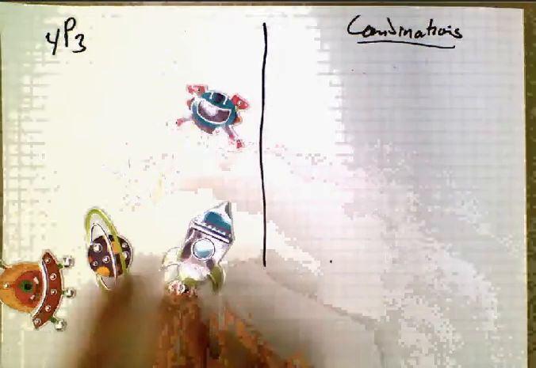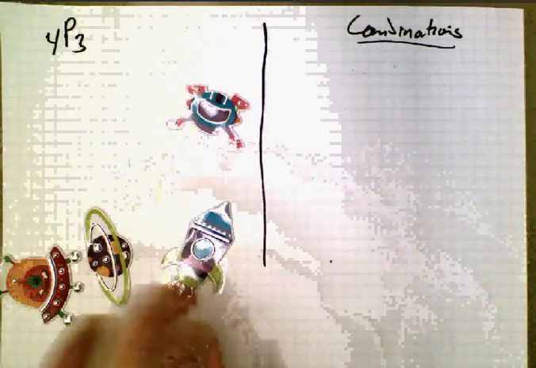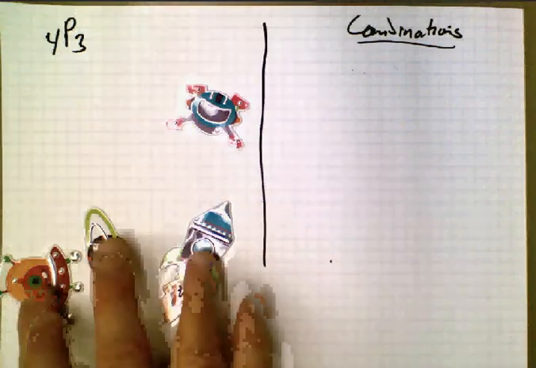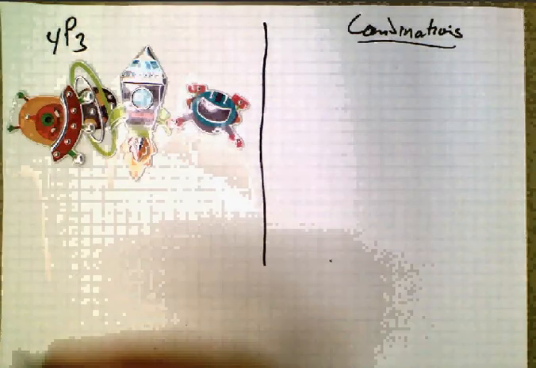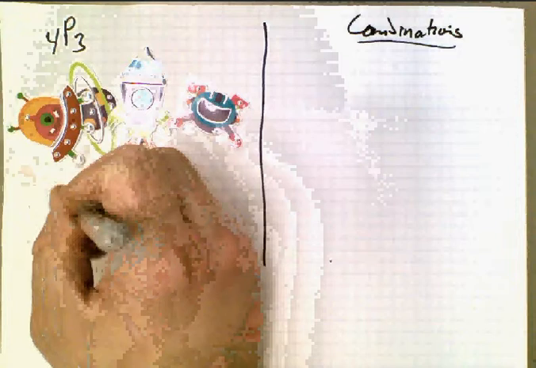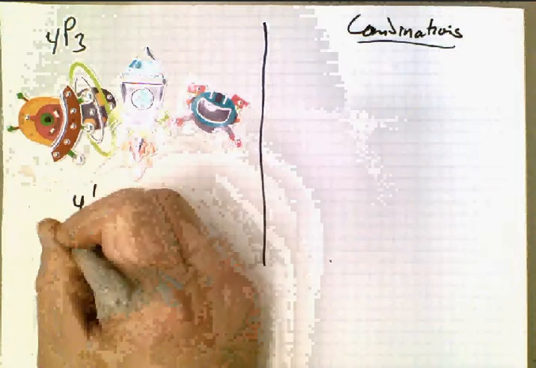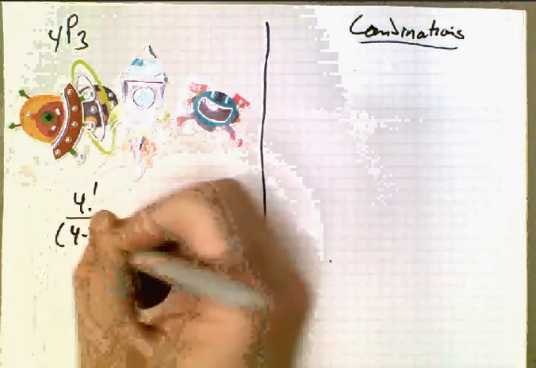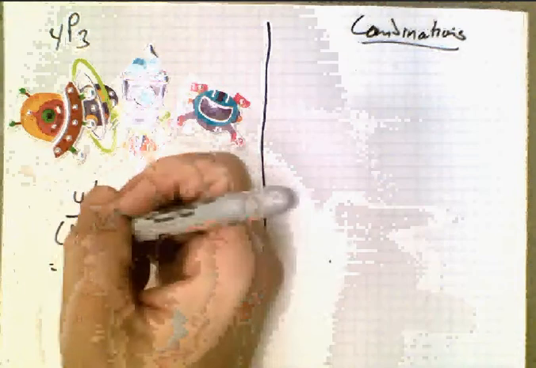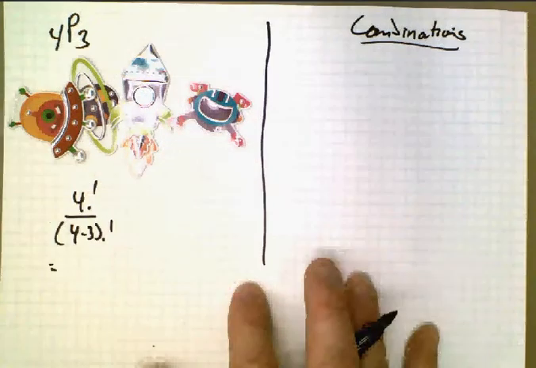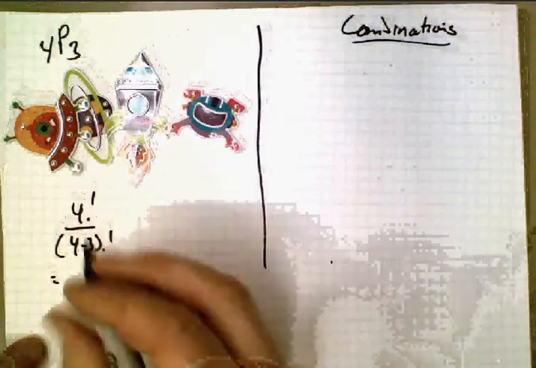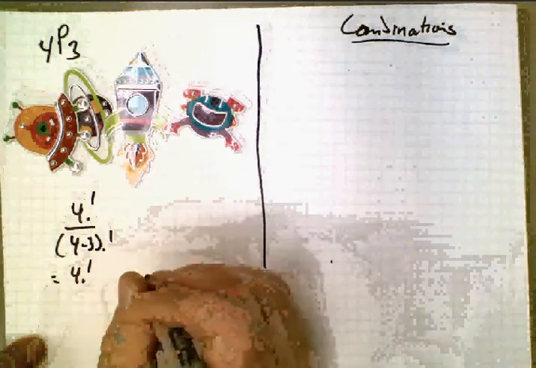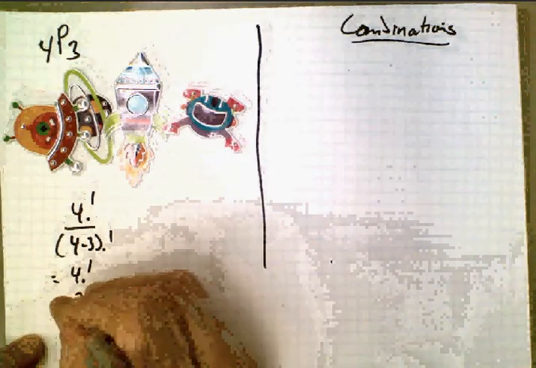And these are all different because the order keeps changing, even though it's the same objects. And so we know how to deal with that. And that is just simply 4 factorial over 4 minus 3 factorial, which is just simply 4 factorial over 1, which is 24.